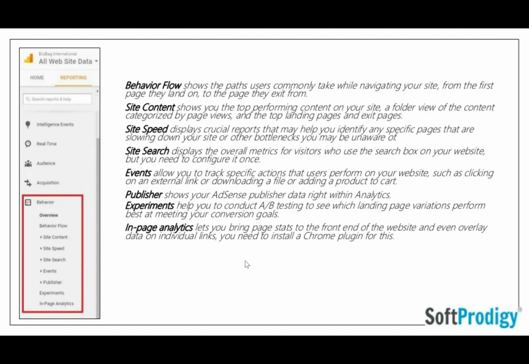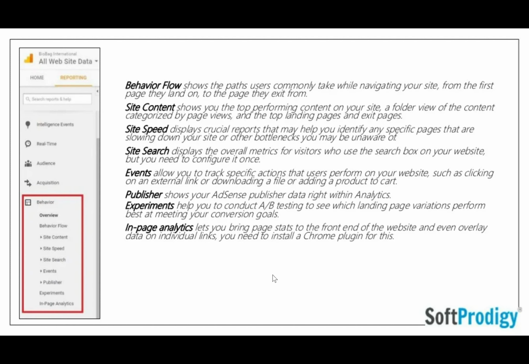Site search displays the overall metrics for visitors who use the search box on your website, but you need to configure it once. Events allow you to track the specific actions that users perform on your website, such as clicking on an external link, downloading a file, or adding a product to the cart. Publisher shows you AdSense publisher data right within analytics.